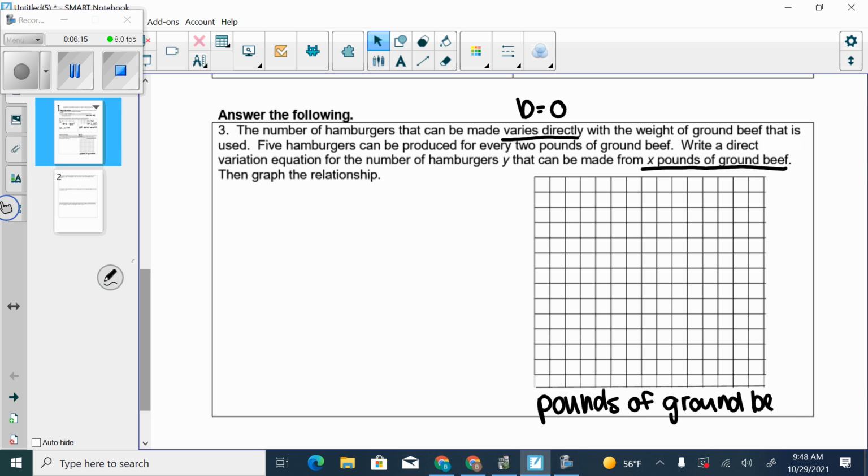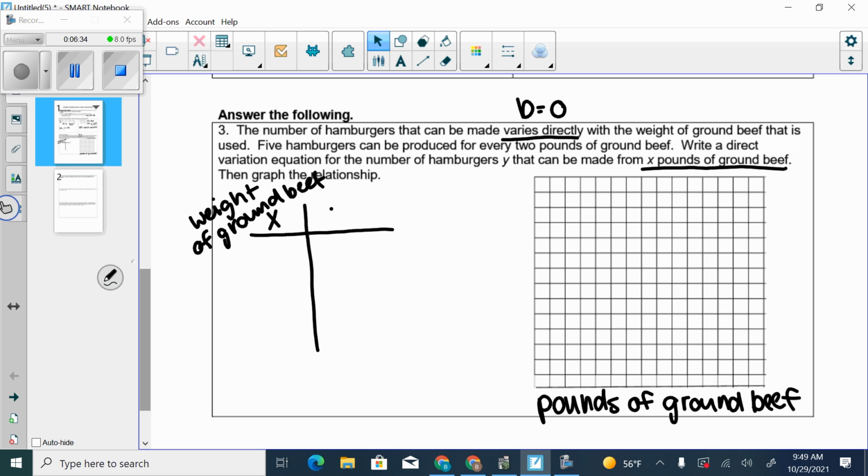Okay, so in my table over here, my x values are the weight of ground beef, while our y is the number of burgers. This side over here is our number of hamburgers that can be made.